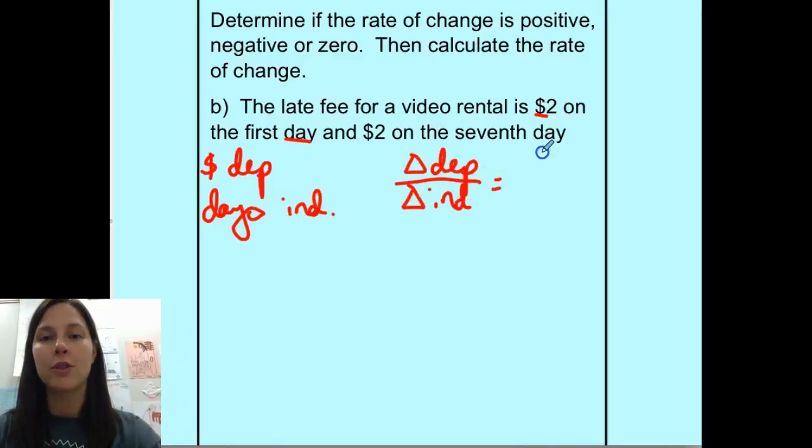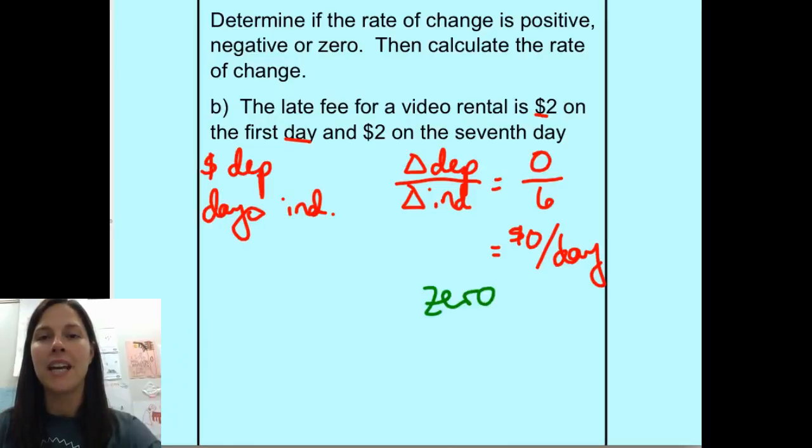The money went from 2 to 2. There was no change. And the days went from 1 to 7, so we increased by 6 days. So we have a rate of change of $0 per day because 0 divided by 6 is 0. And we're putting those units back on our rate of change. Obviously, in this case, we got 0 for a rate of change because the amount for that late fee did not change from day to day.